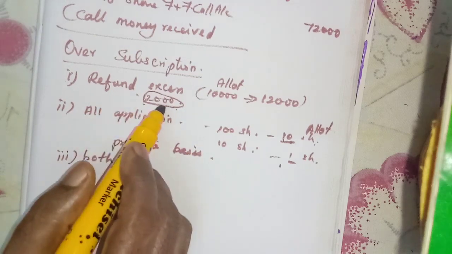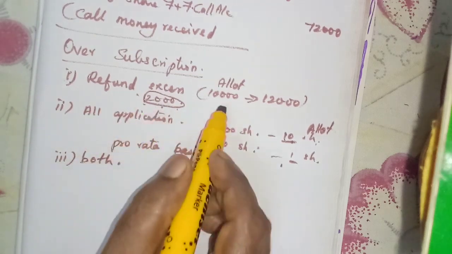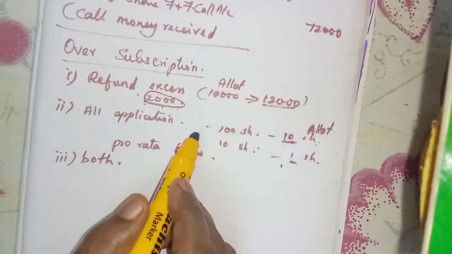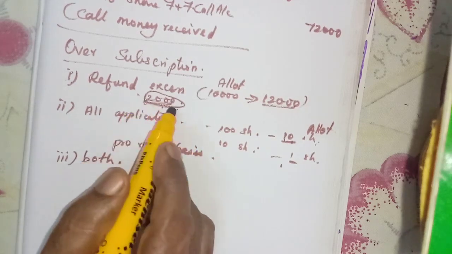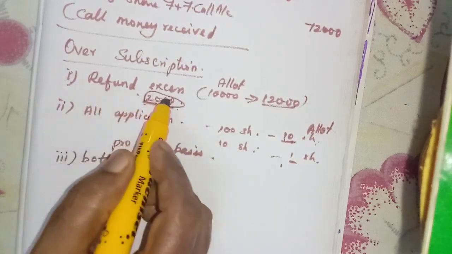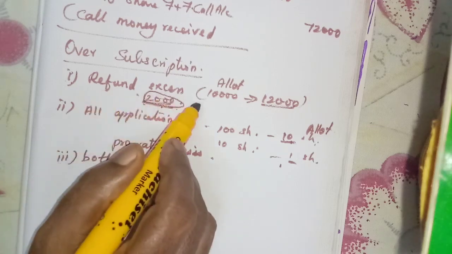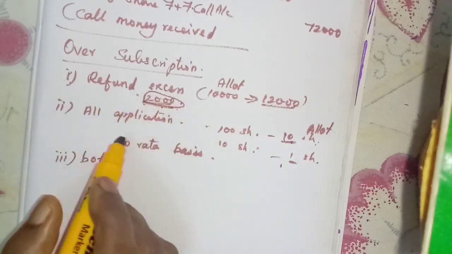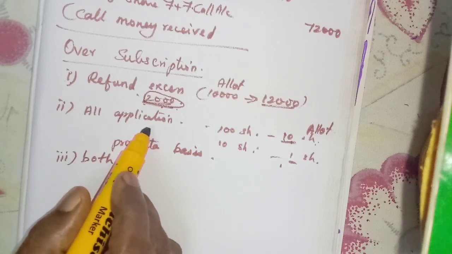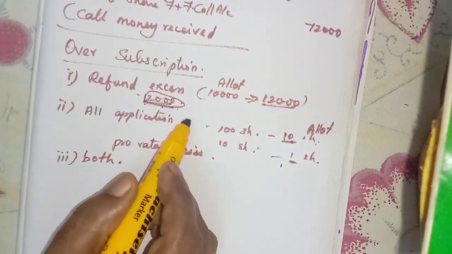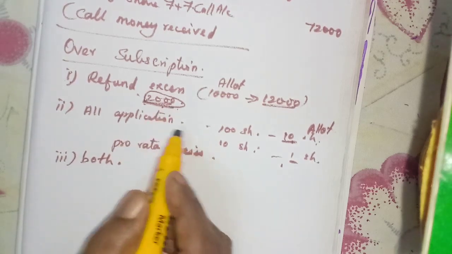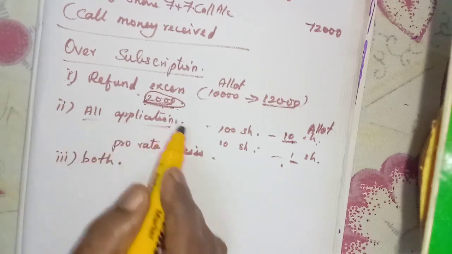At the time of allotment, they have to treat the excess applications they receive, that is 2,000. Either they cancel the applications and send the money back to the applicants, or they do not refund and do not cancel the application, but adjust with all applications.